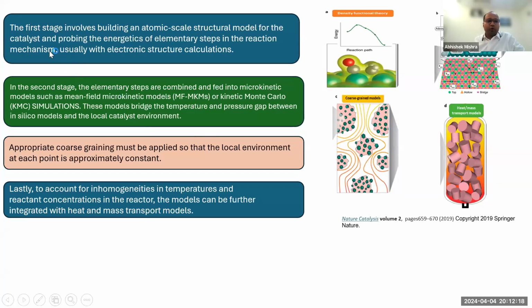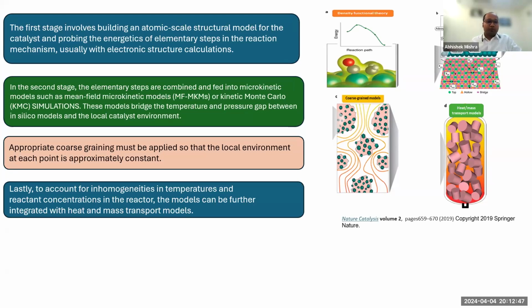So if you look at the broader picture in this application, the first step involves an atomic scale structural model, predicting the elementary steps in the reaction mechanism, and these are mainly the electronic structure calculations that we will be discussing in the lecture. And then there are other models in this line.